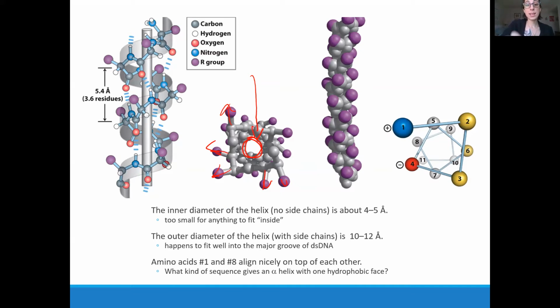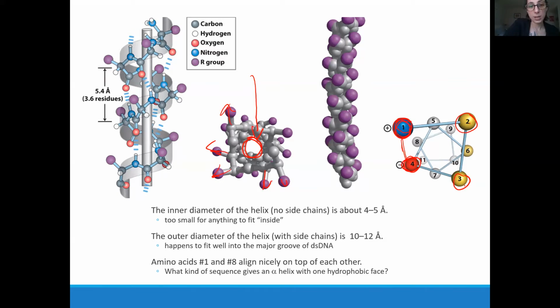Now you can see the numbering of amino acids as we go along the coil. Here is amino acid 1, 2, 3, and you can see amino acid 4. Amino acid 1 and amino acid 4 are the ones forming a hydrogen bond using the amine group, the amine nitrogen, and the oxygen of the carbonyl of the opposite pair.